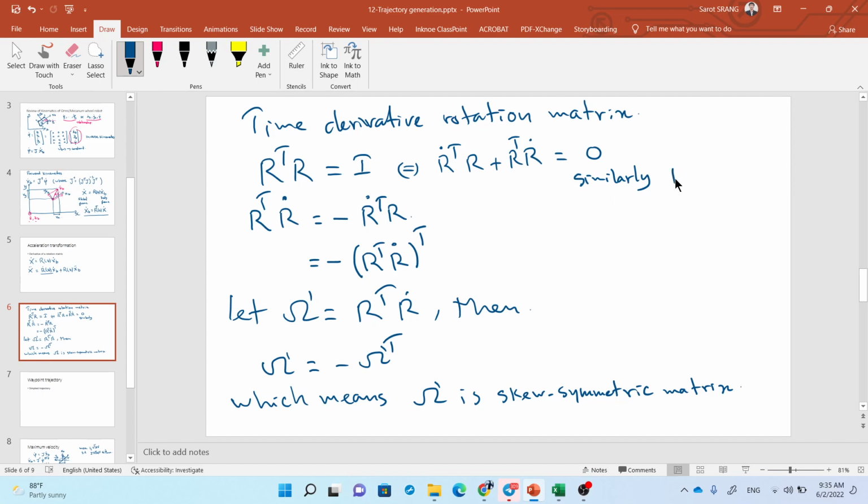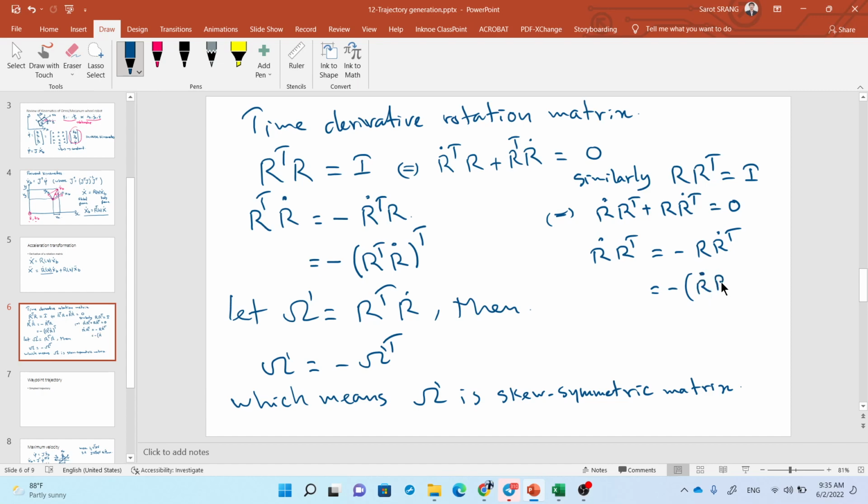Similarly, I can use R R transpose equal to I, and then the time derivative R dot R transpose plus R R dot transpose equal to 0, and I can have R R dot transpose equal to minus R R transpose dot, or minus the whole transpose.